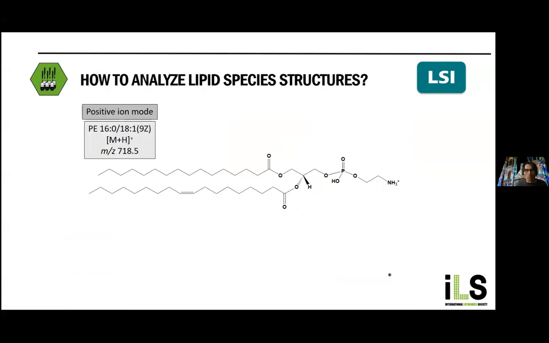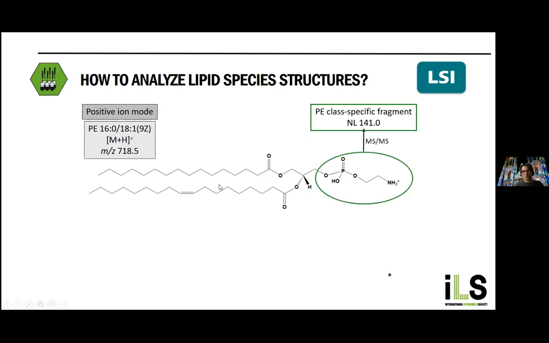So this is a PE molecule in positive ion mode, and if we subject this PE molecule with an M/Z value of 718 to fragmentation, we will generate in positive ion mode a neutral loss of 141.